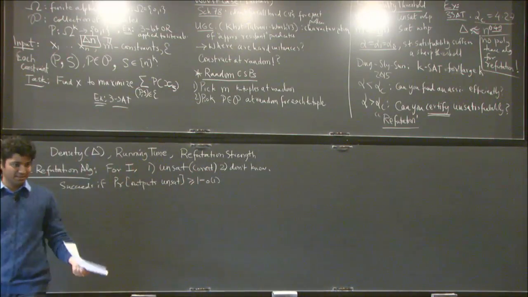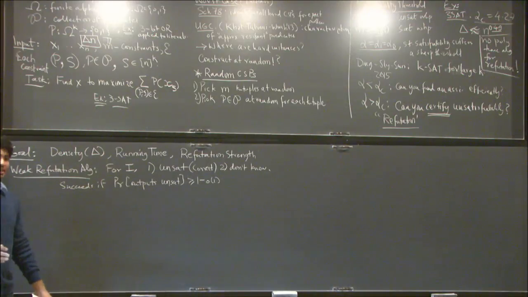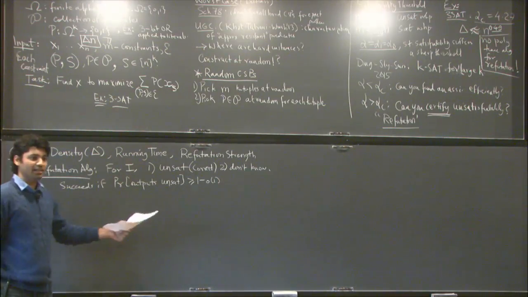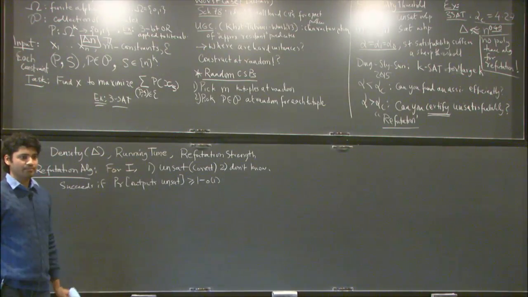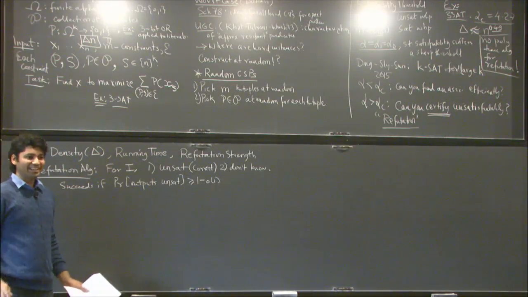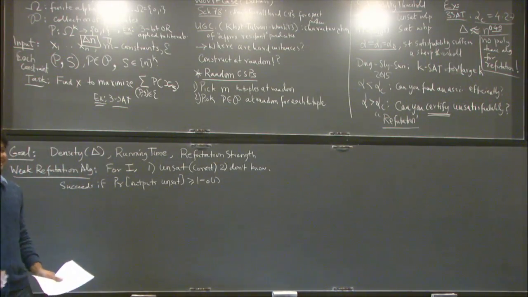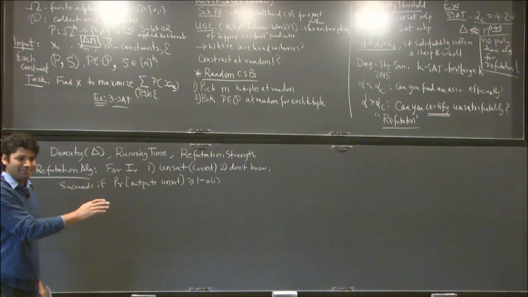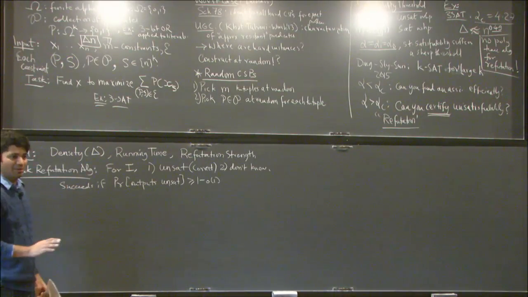This is what I mean by a certification algorithm. If I claim unsat, then I have to be right. I'm allowed to say don't know even for instances that could be unsatisfiable, so long as whenever I say unsatisfiable, I'm always correct. And of course I cannot say don't know too many times. Does that make sense? Is it also clear that there is no trivial algorithm? For example, something that outputs a constant won't work.